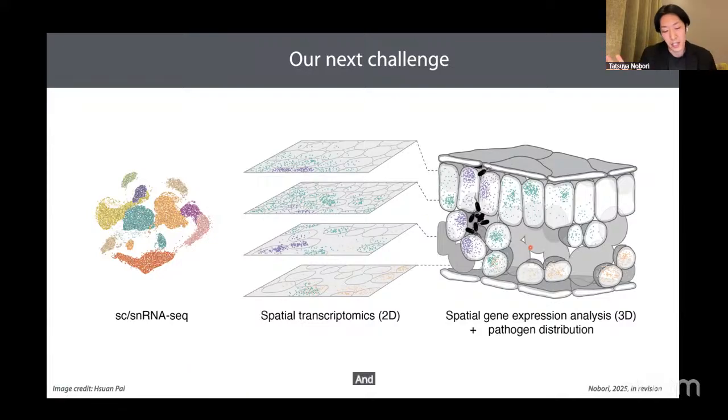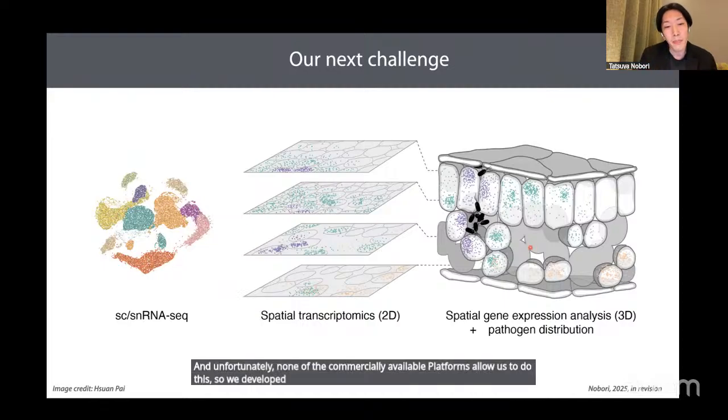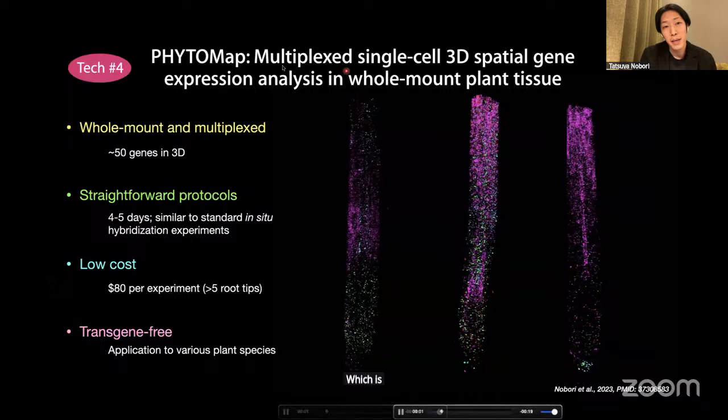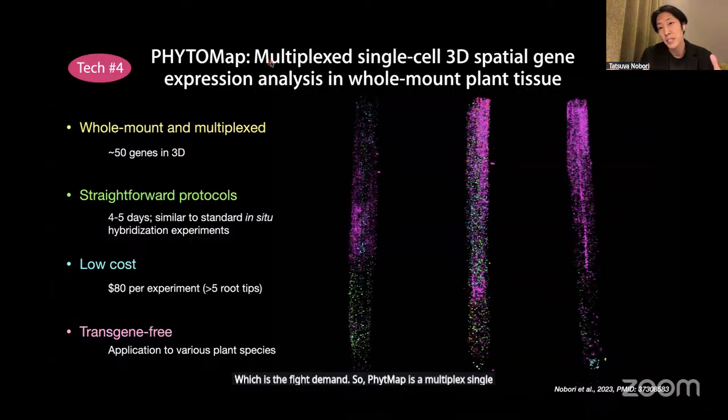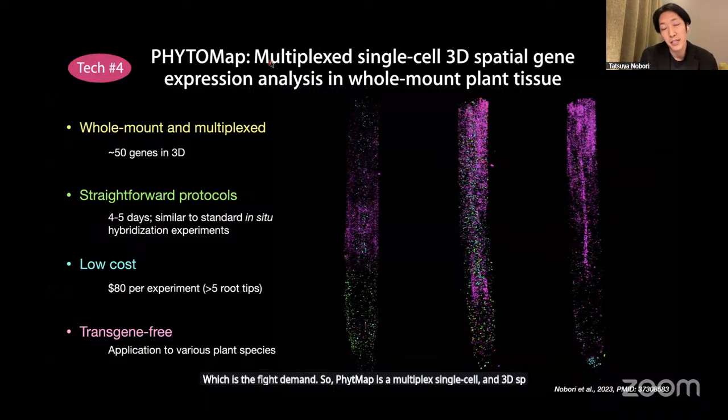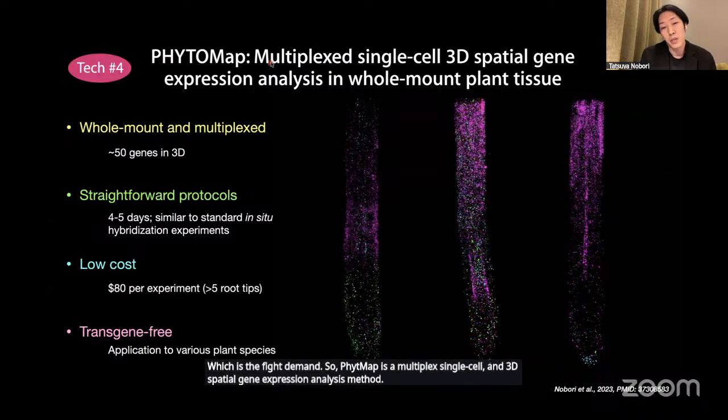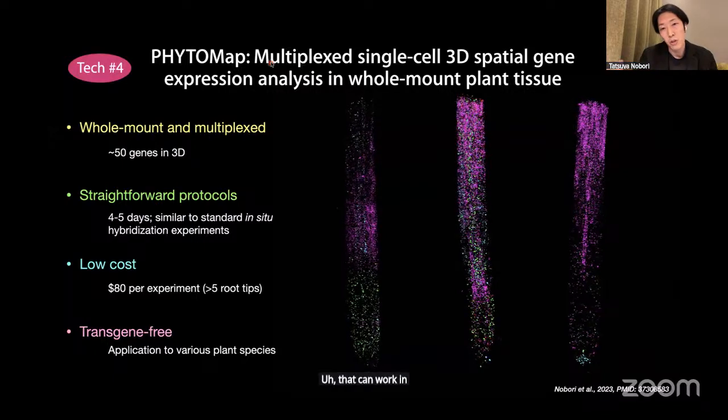And unfortunately, none of the commercially available platforms allow us to do this. So we developed our own tool, which is the FightMap. FightMap is a multiplex single cell and 3D spatial gene expression analysis method that can work in thick tissue, even whole mount plant tissue.